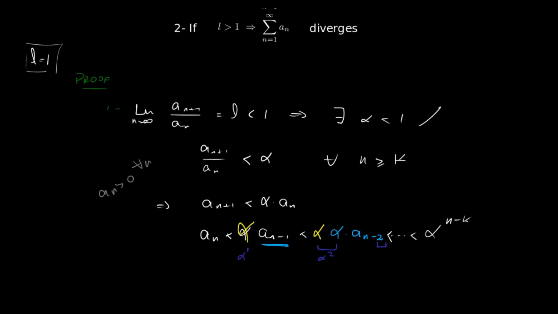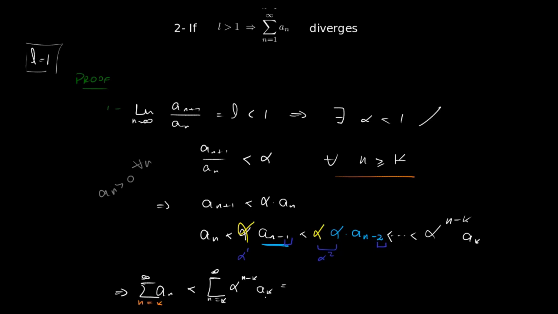Here we have alpha to the power 1 and n minus 1. So here we have alpha to the power n minus k times a sub k. And so the sum, and here we'll have from n equals k, because we know these inequalities are valid for n greater than k, up to infinity of a sub n will be smaller than the sum from n equals k to infinity of alpha to the n minus k times a sub k.